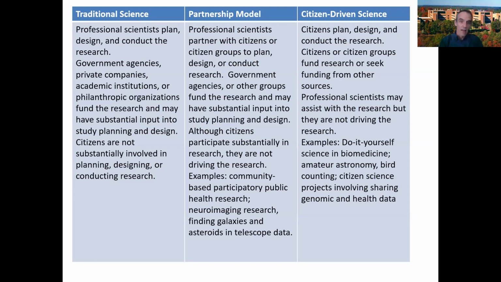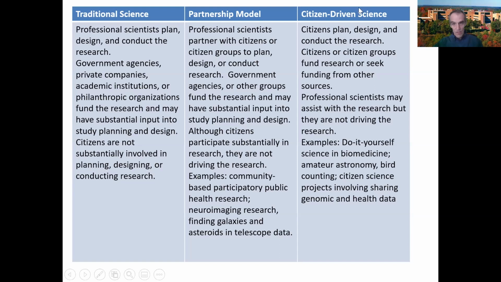It's funded by government agencies, private companies, and academic institutions, and citizens are not substantially involved in planning, designing, or conducting the research. And by citizens, I mean people for whom this is not their career as a scientist. They're not professional scientists.